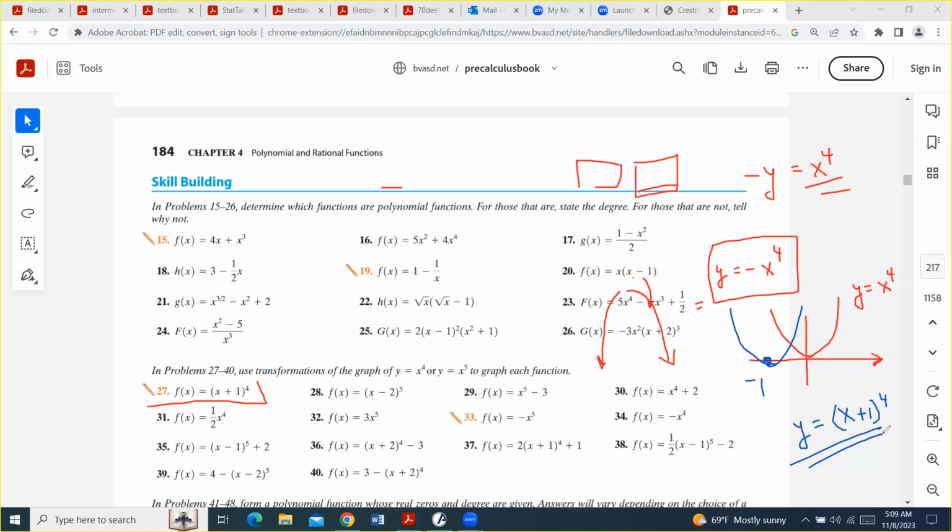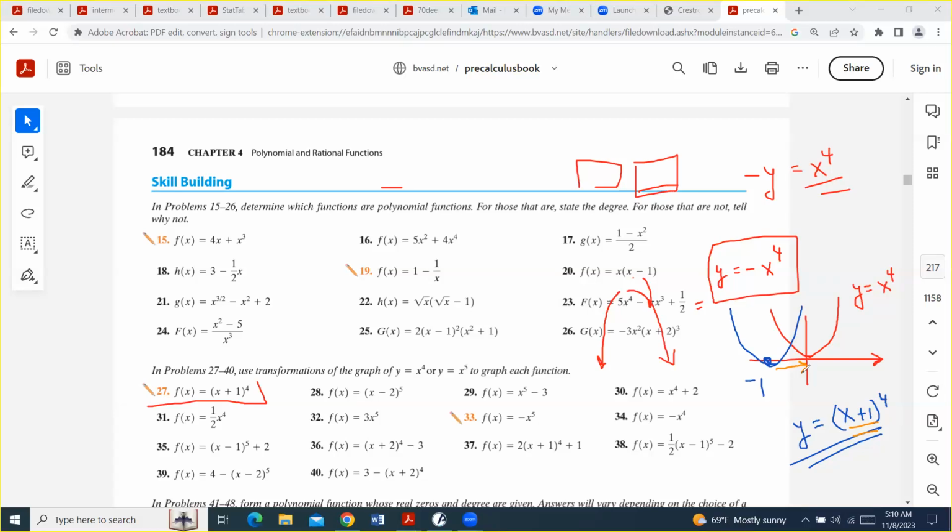Remember, the main justification why this happens is because the first thing you do is what's in the parentheses. So if in the parentheses you added 1, then you shift this whole picture 1 unit, and the blue graph is where the original fourth power graph was.